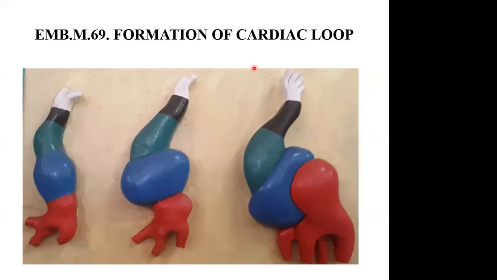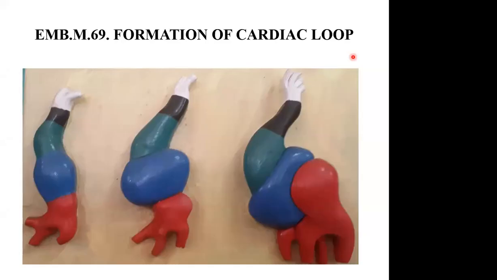Anybody can recollect and tell? Bulbus cordis. Very good. Bulbus cordis, truncus arteriosus. Next, primitive atrium and primitive ventricle. Very good.